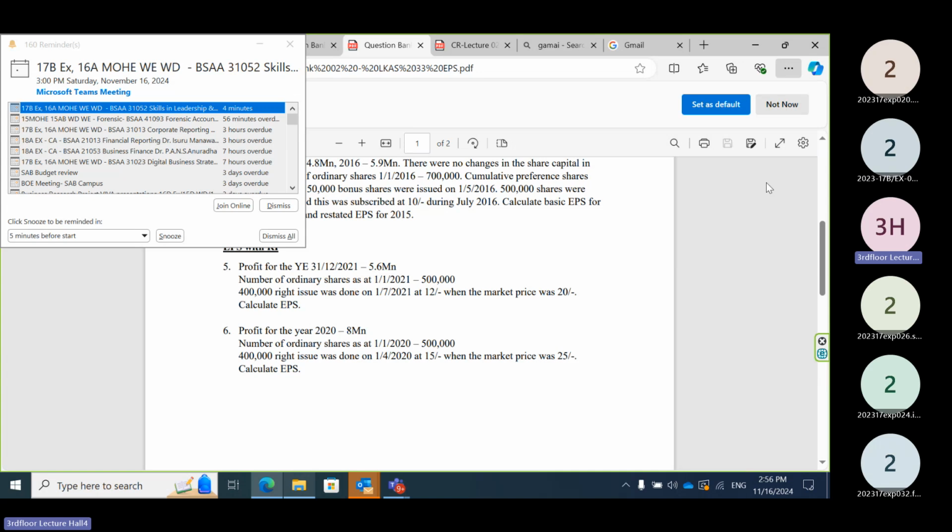Need to check what happened. A new share issue was done on 30th June 2022. That's relevant for this, right? So then 100 shares into half.